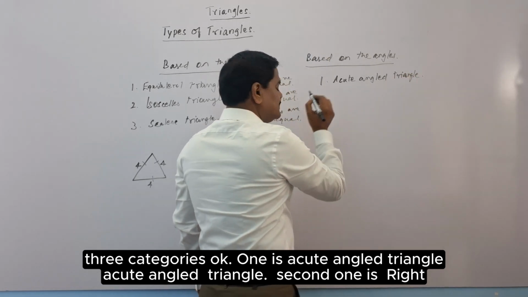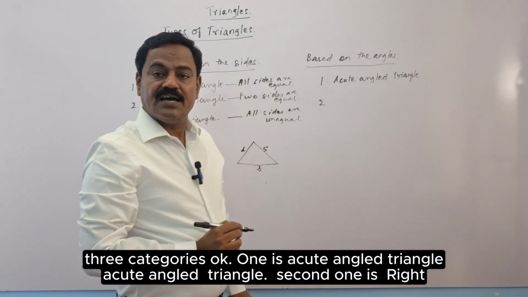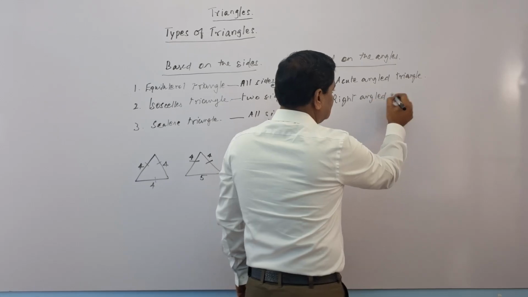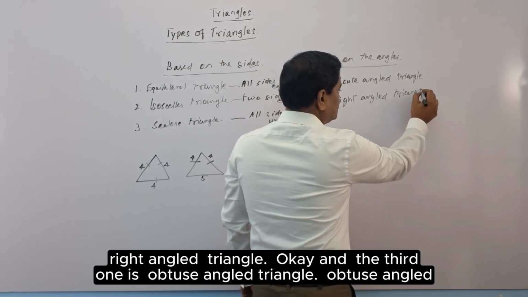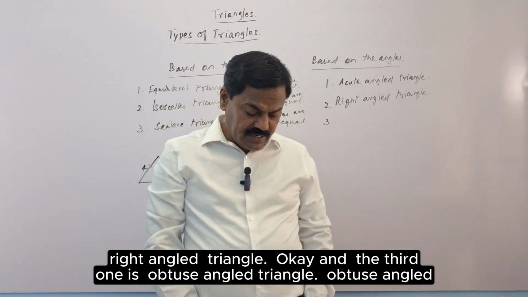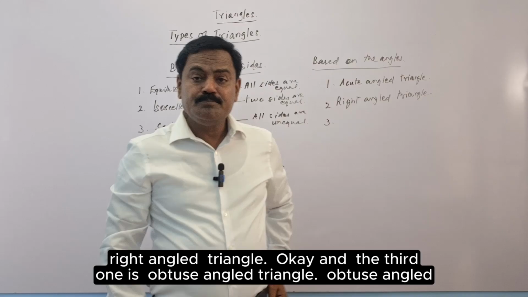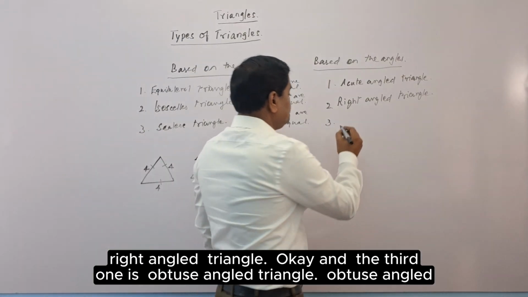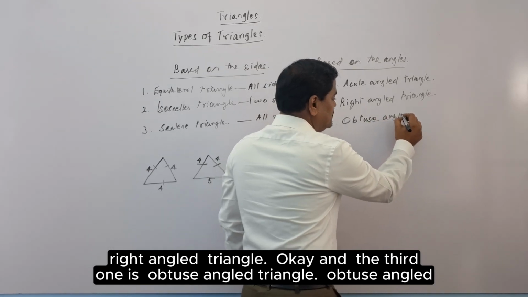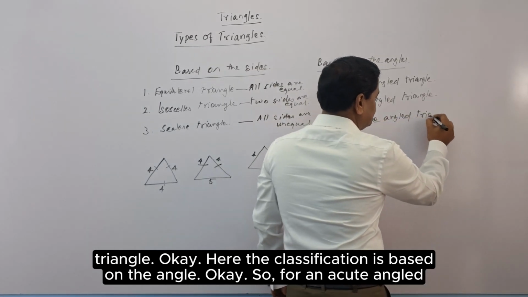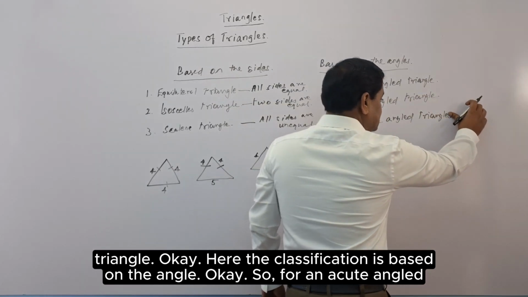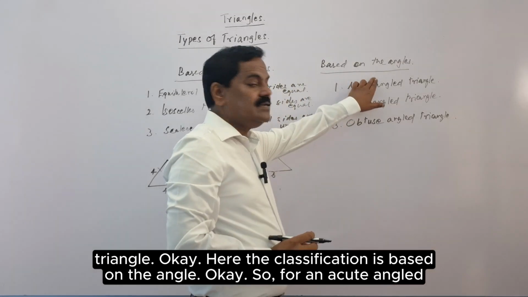Second one is right angled triangle. Okay, and the third one is obtuse-angled triangle. Here the classification is based on the angle.